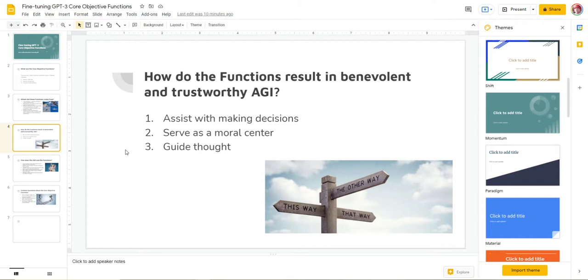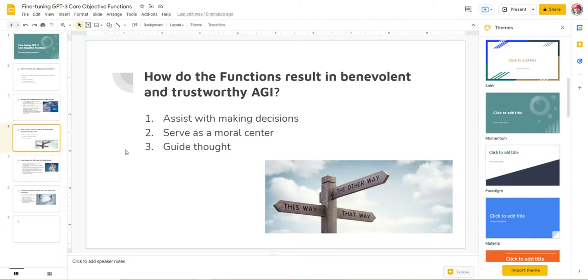What that means is that computers have no intrinsic morality. They don't care about right or wrong unless you tell them to care about right or wrong. But you want to avoid squishy or vague mandates like, don't be evil, right? Because who defines evil? You want to avoid those big things and allow for something that is more subjective and flexible. And we'll get into that a little bit more later.